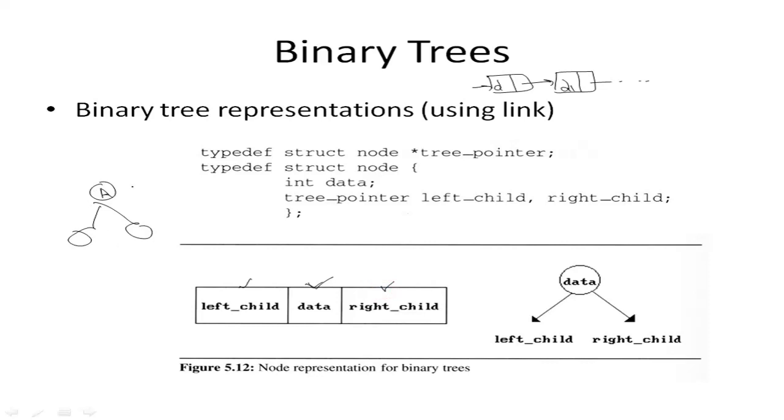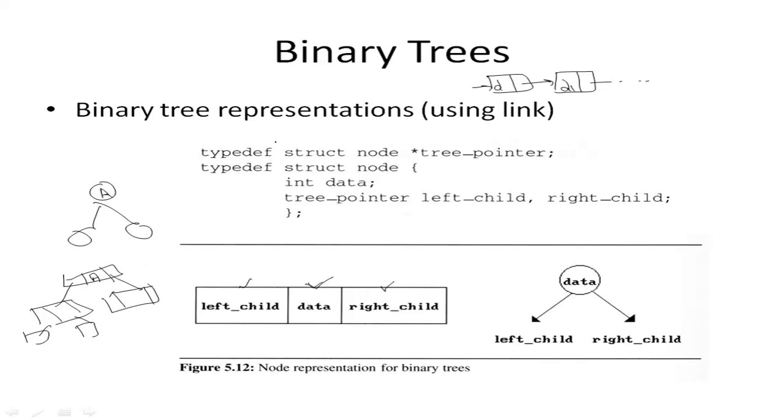If it is represented in the form of a node, it will be information in the middle, and then this will be the left pointer and this will be the right pointer. This will point to the left node, and this will point to the right node. Now this left node can be just a node or it can be a subtree further. So this is how I can represent a binary tree in the form of nodes.